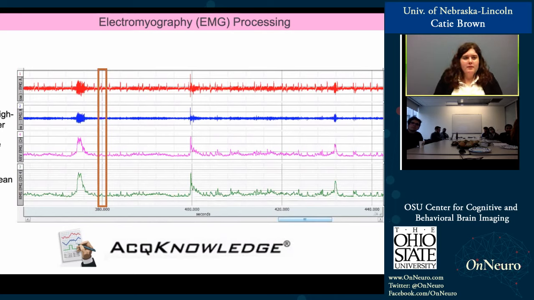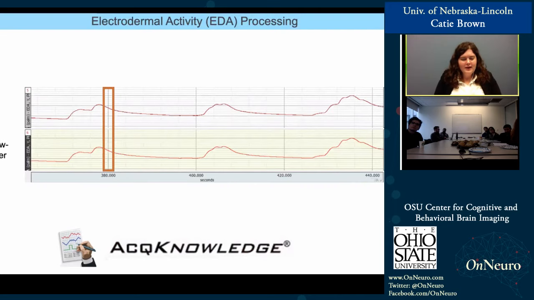So these few steps can even be automated with scripts, which makes it super easy. There is movement to consider, especially with EDA, but it's not like in MRI where 2 millimeters is going to destroy the world. It's more just that if you see major shifts, that's something to be aware of.